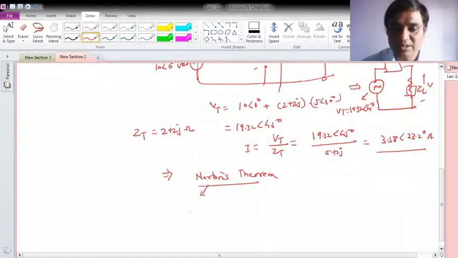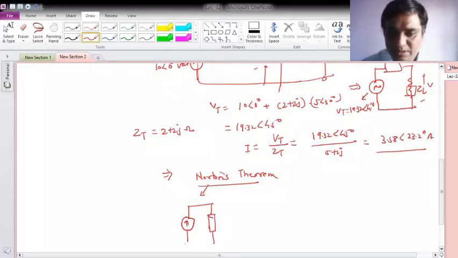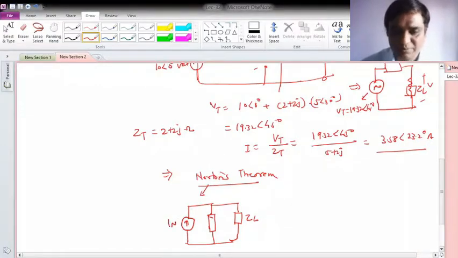So it means that it consists of the current generator like this, and in parallel with it consists of the equivalent impedance, that is this, and then the load here. So let me call this ZL, and this will be my current generator. Let me call it Norton current, or short circuit current as people are using.